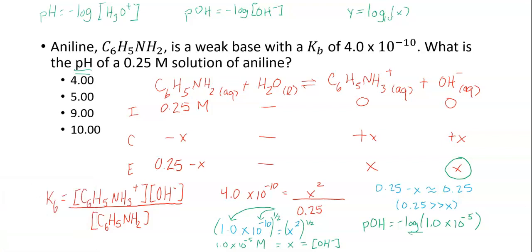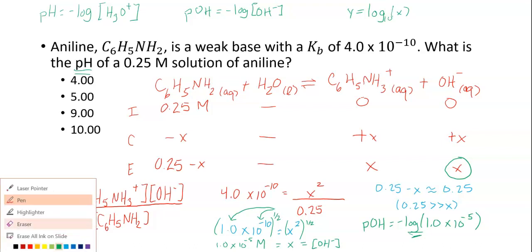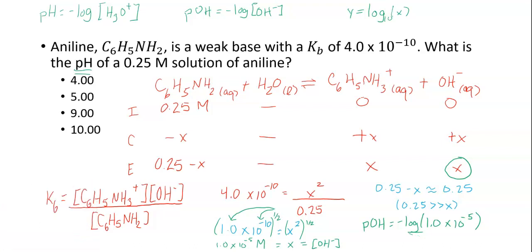The only other log that we use in AP chemistry is the natural log, which is log base e, but we would write that as ln. So if y is equal to the log base 10 of x, then that means that 10 to the y power is equal to x. So we're trying to find the log of 1.0 times 10 to the negative fifth.